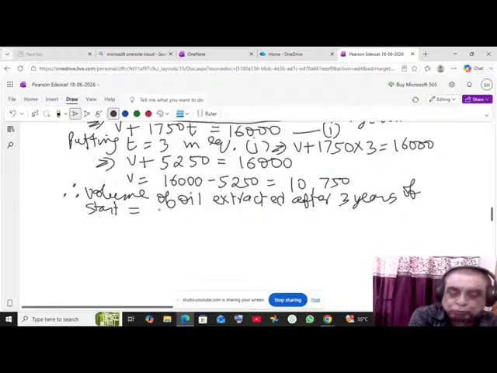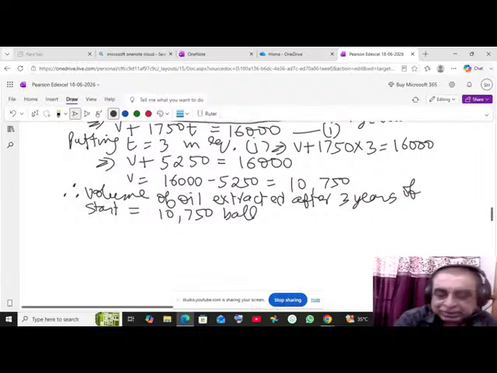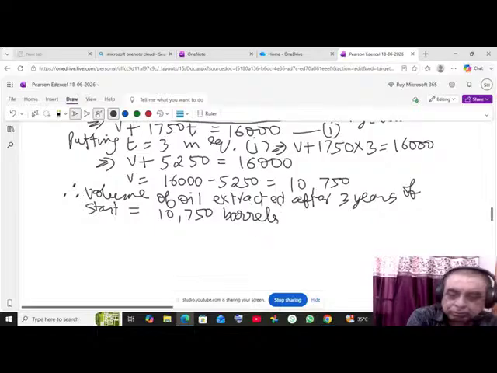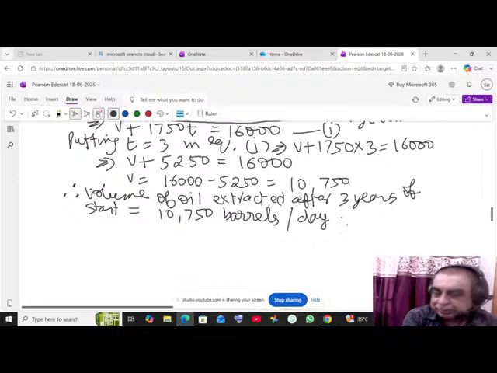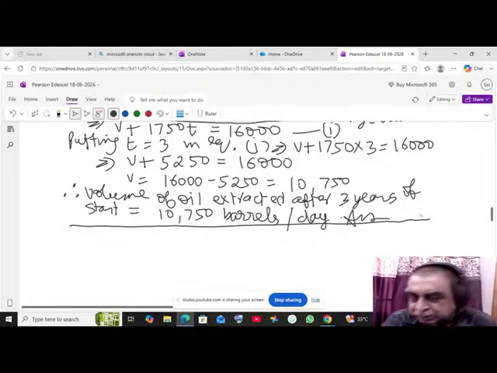It is so many barrels. 10,750 barrels. Okay, barrels. 1 second. Let us write this spelling correctly. Barrels. Okay, so many barrels per day will be taken out from the well. So that is the answer of first part.